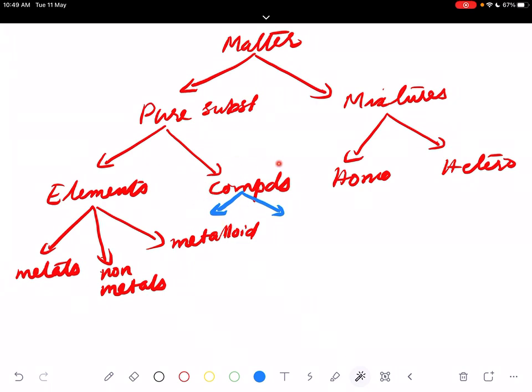What is a compound? A typical, common example of a compound is H2O. This is made up of hydrogen and oxygen.